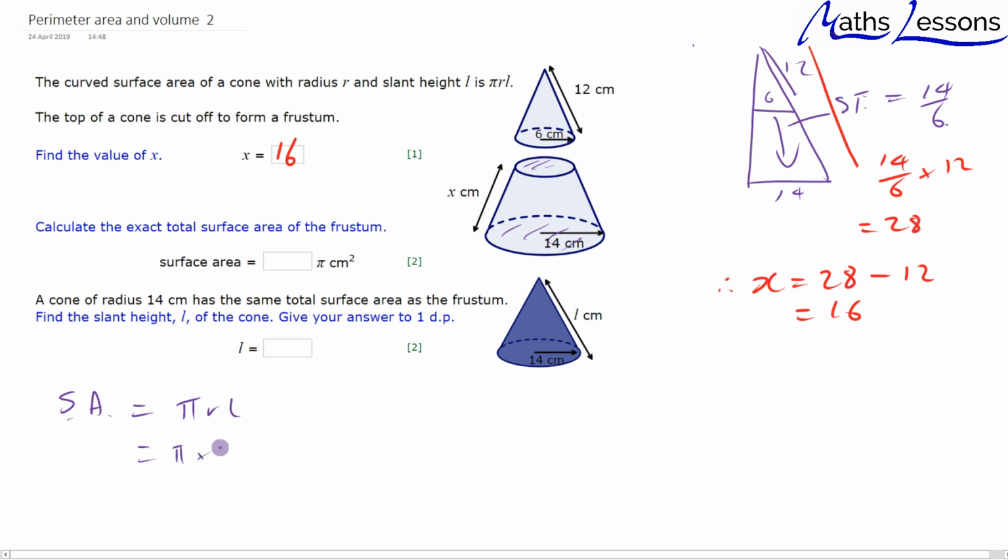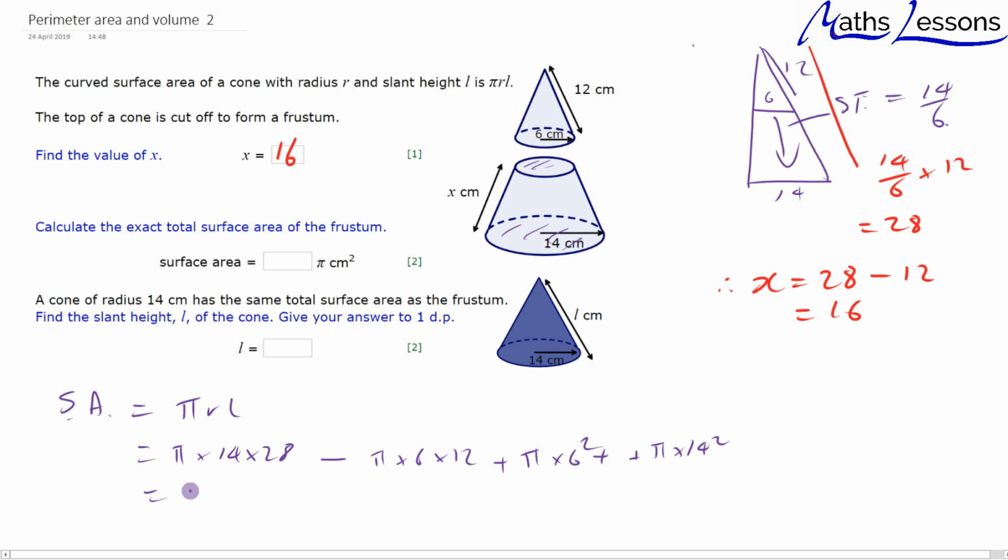So pi times 14 times 28. Then we've got the small cone, pi times 6 times the length here, 12. And then we're going to add on the ends. This end here has a radius of 6, so it's pi r squared, pi times 6 squared. And then this end here is plus pi times 14 squared. And we can work those all out.